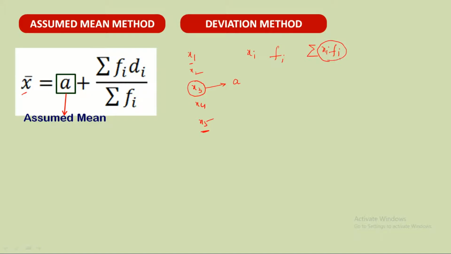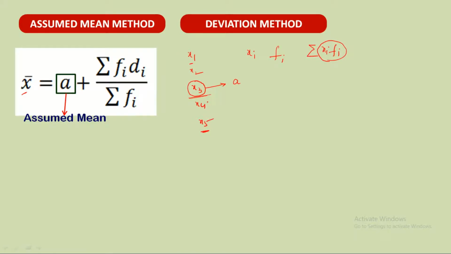So in order to reduce that difficulty, we are implementing a small change here. As part of this change, we have assumed some value out of the class marks.